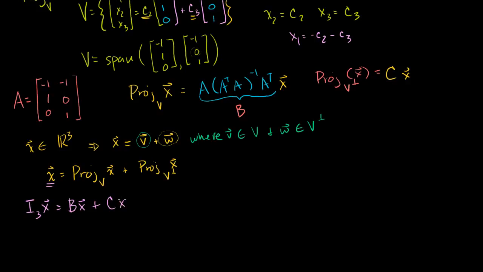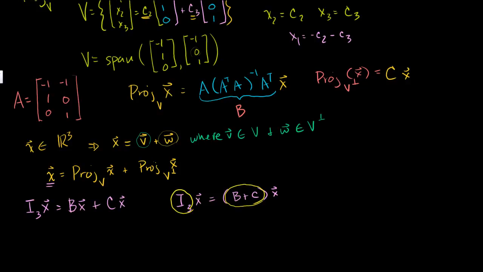If you want to factor out the x, we know that matrix vector products exhibit the distributive property. So we could write that the identity matrix times x is equal to B plus C times x. Or another way to view this equation is that this matrix must be equal to these two matrices.